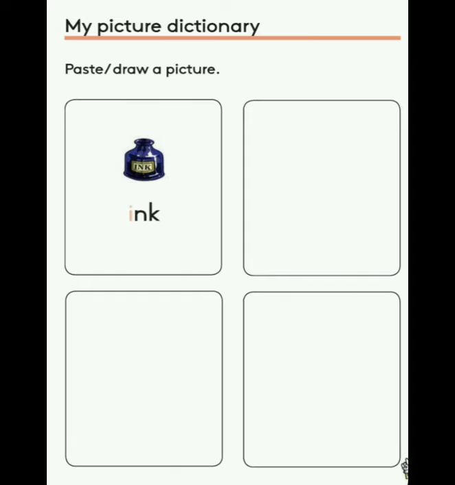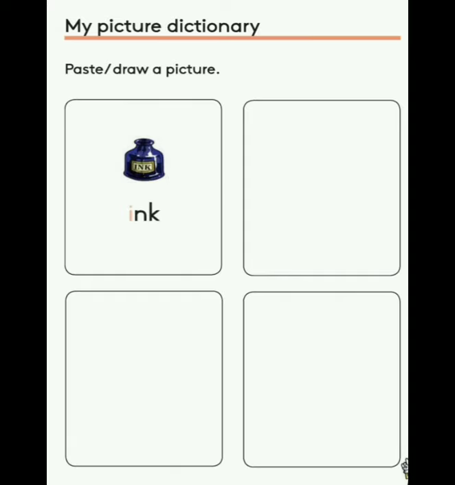What you have to do is, in the space given in the empty 3 boxes, you can either draw it and color it, or you can cut and paste. You can cut and paste or do the drawing and coloring part with the words starting with letter I. You have to choose the words starting with letter I.